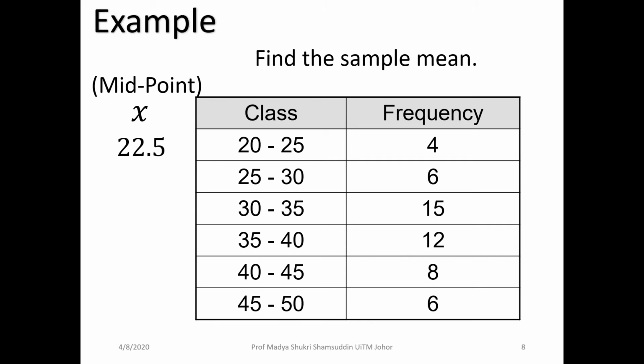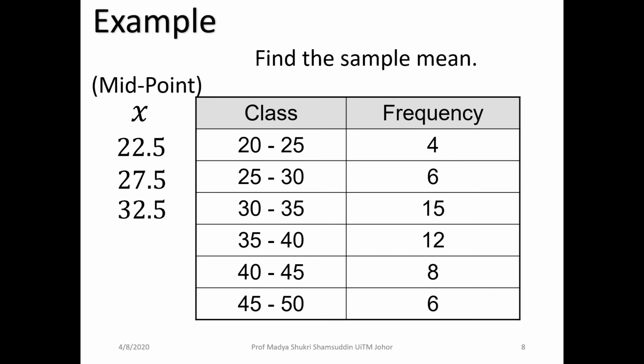Since the class width is 5 for all class intervals, the rest of the midpoints can be calculated by adding 5 to the previous class midpoint. So, the midpoint for the second interval is 22.5 plus 5, which is equal to 27.5. The midpoint for the third class interval is 27.5 plus 5, which is equal to 32.5.